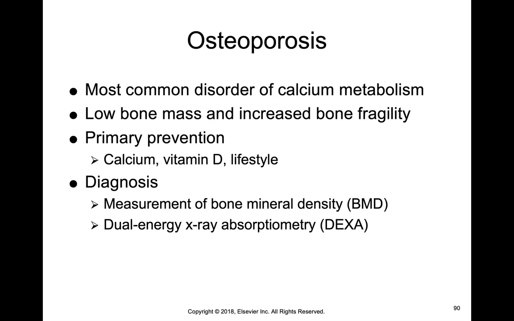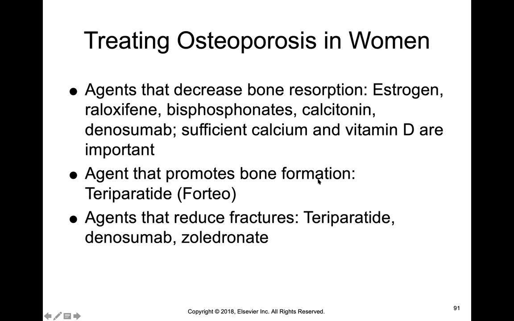Osteoporosis is the most common disorder of calcium metabolism. We use DEXA scans to figure out your T-scores. And of course, a T-score being less than -2.5 puts you at osteoporosis. So primarily to prevent osteoporosis, we want to do calcium, vitamin D, and see if we can address any lifestyle changes. In women, if we want to treat osteoporosis, we have available to us estrogen.